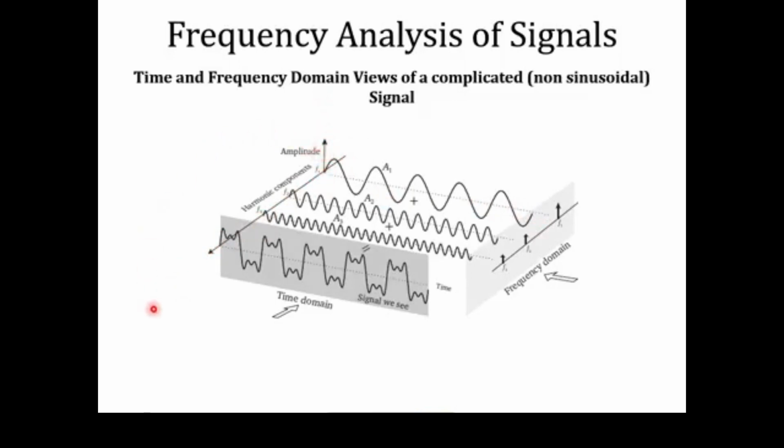Now, the signal which is given to us is a non-sinusoidal signal. And according to Fourier, a non-sinusoidal signal is nothing but simply a composition of simple sinusoidal signals. So this signal is equal to the summation of these three sinusoids having different frequency values, which are represented by f1, f2, and f3.